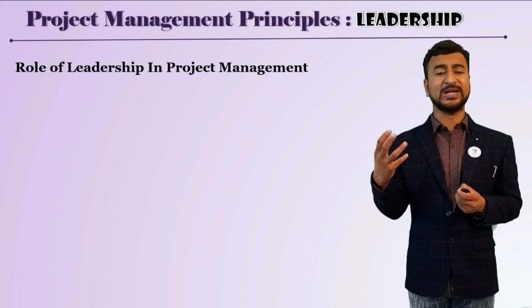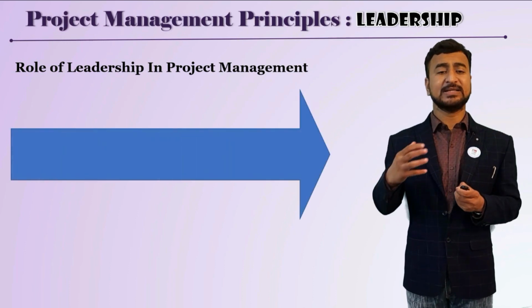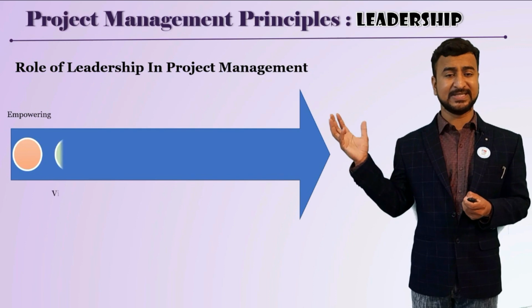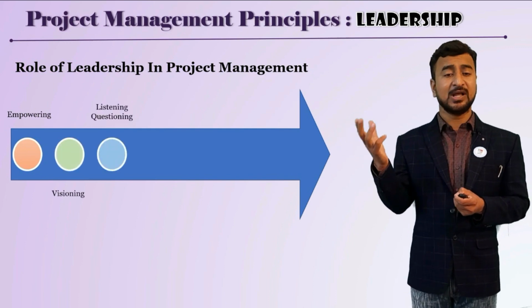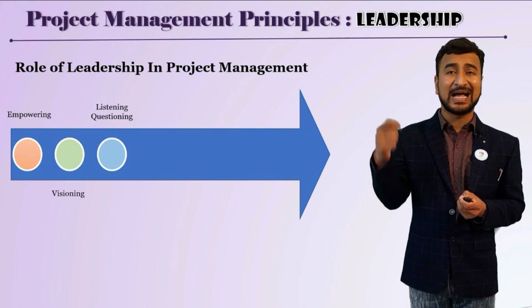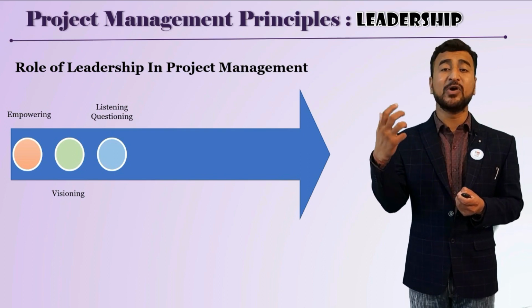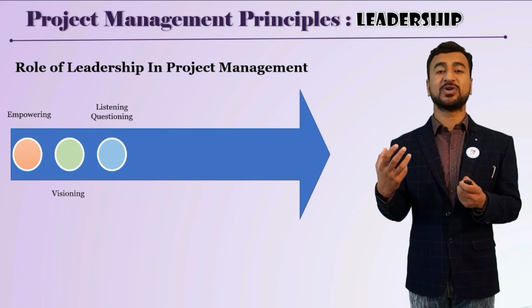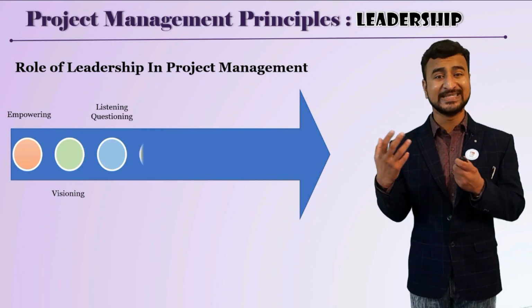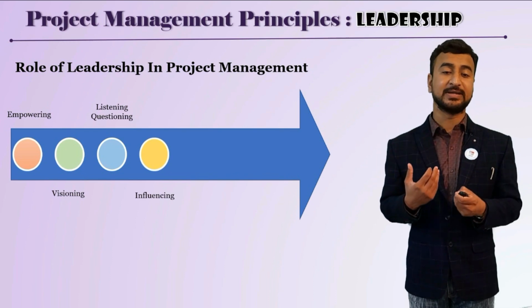What is the role of leadership in project management? These are the ways: you empower the team, you show them a vision, you ask questions, you listen carefully with active listening, you develop emotional questions, and you use emotional intelligence to interact with the team.